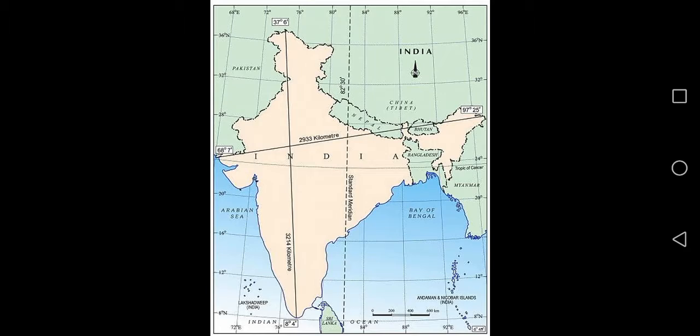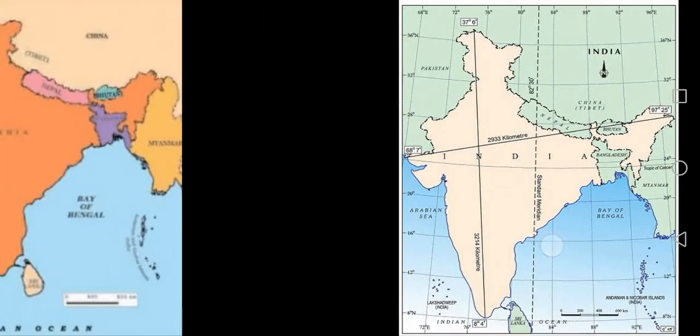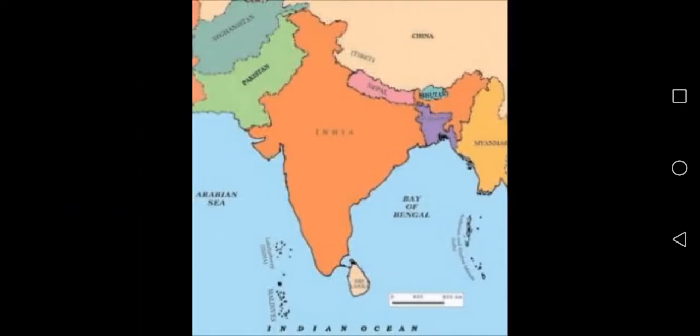Further, let us discuss again the neighboring countries of our country. You can see at the northern part Nepal, Bangladesh, Bhutan, and if we move further to the northern side then China and Tibet.